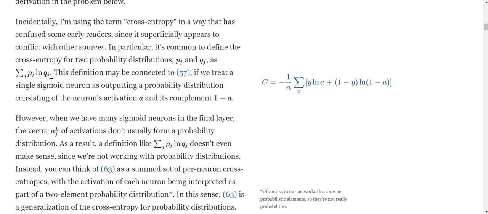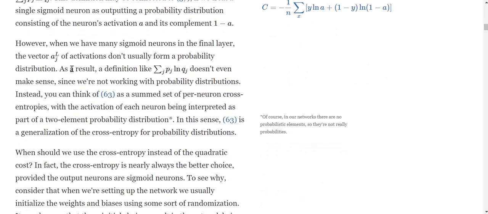So now the sum of probabilities is 1, right? If the neuron's activation is a, then its complement is 1 minus a. So when you sum over them, you will get one term with y ln a and the other term with 1 minus y ln 1 minus a, if you have only two outputs. However, when we have a sigmoid layer in the final layer, the vector a^L of activations doesn't usually form a probability distribution.